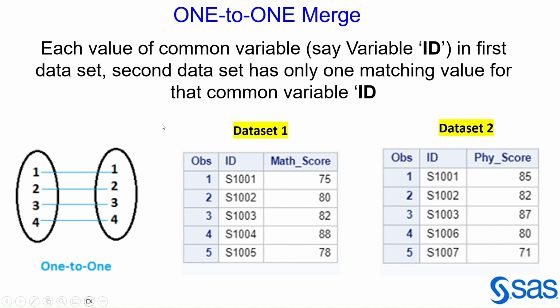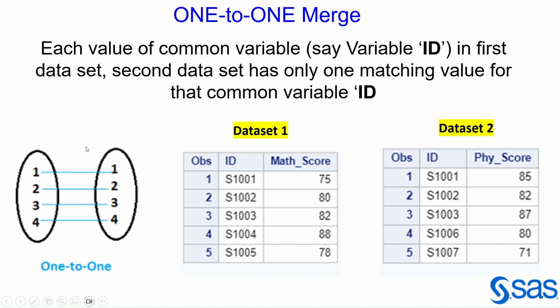This is an example where the data sets have a common variable ID, which is present in both. You can see that only one value is available in data set 1, and the matching value in data set 2 is also present only once. Likewise, the second value is also present only once in the second data set.